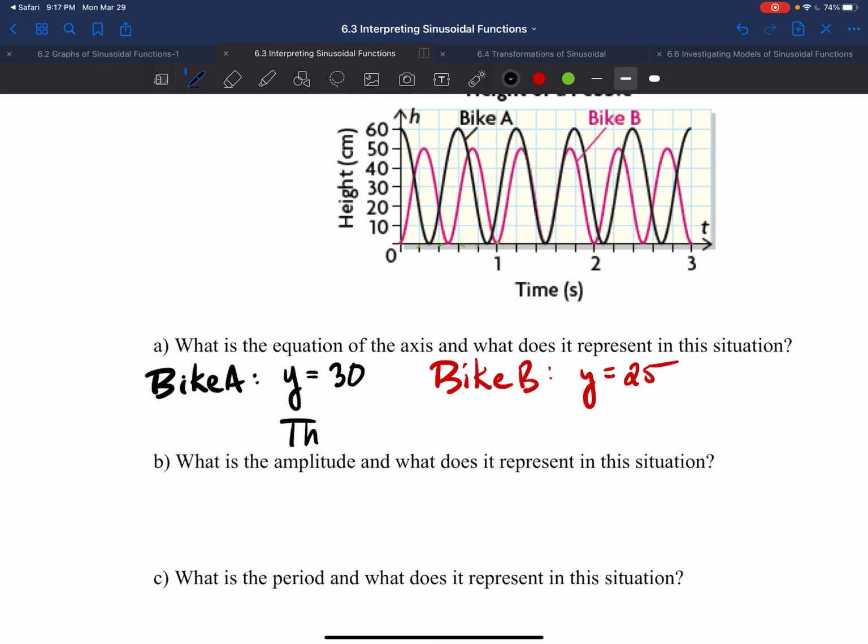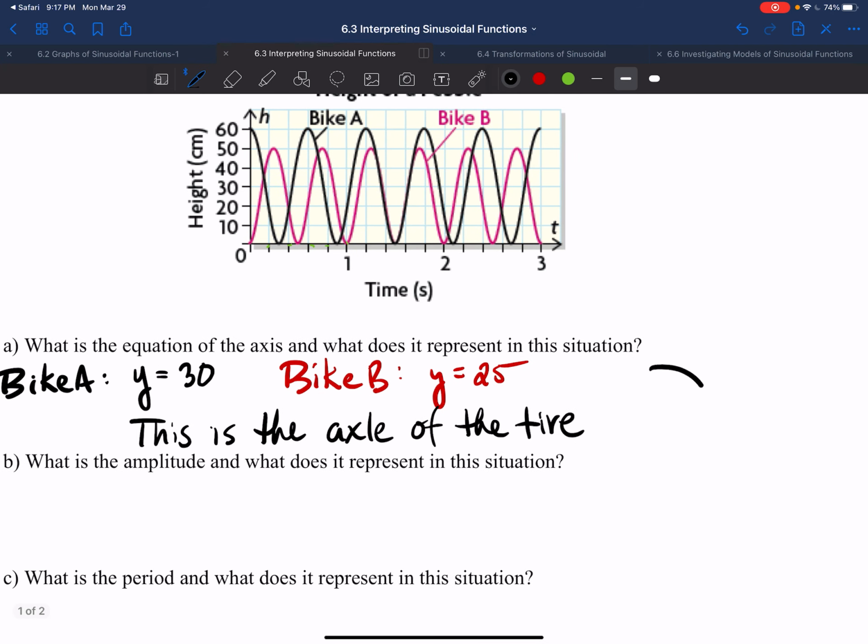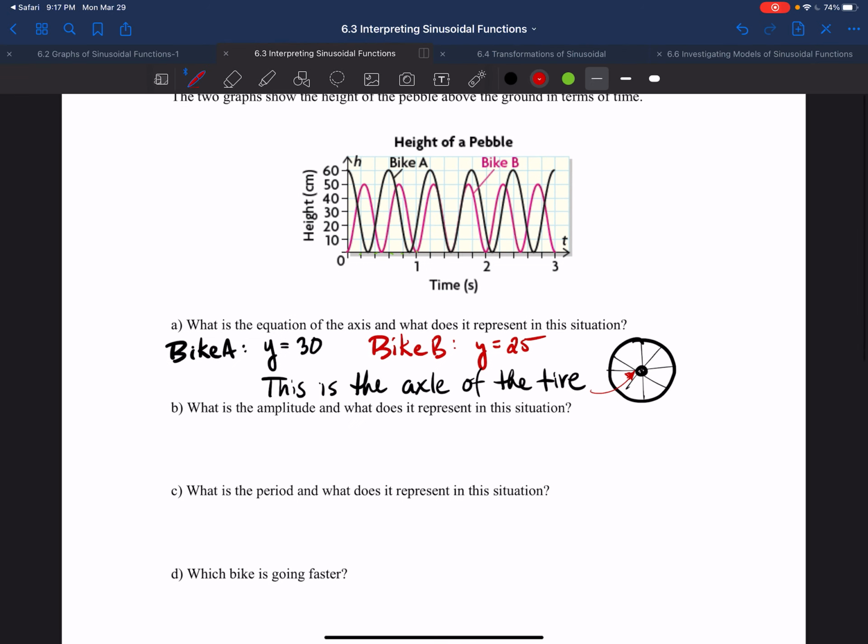So this is the axle of the tire. Okay, so that center point is what it's representing, the middle of the circle.